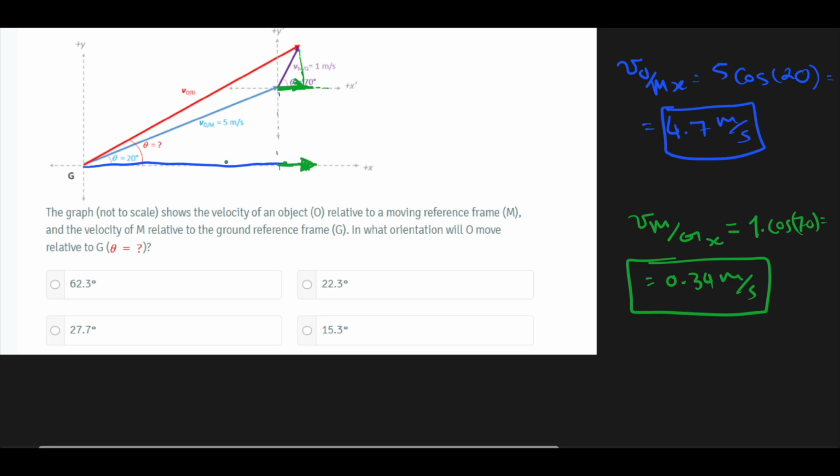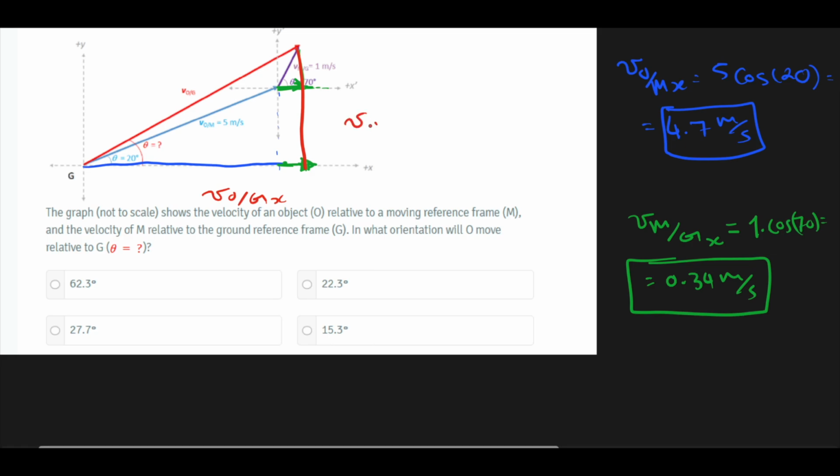So in this case, this total thing, this blue and this green, is VO with relation to G, x. And then to find the y projection of VO with relation to G, so to find this part, we will do the same thing, but instead of cosine, we'll use sine. This is the only difference.